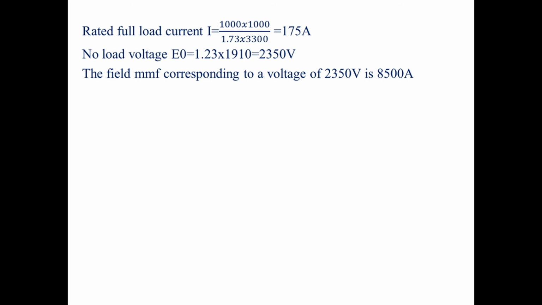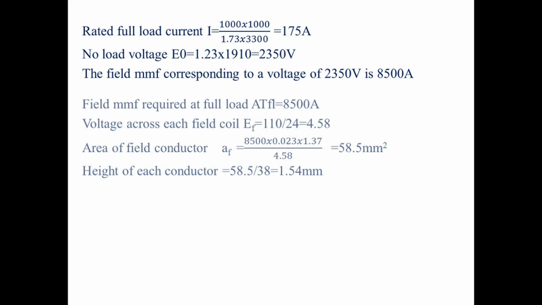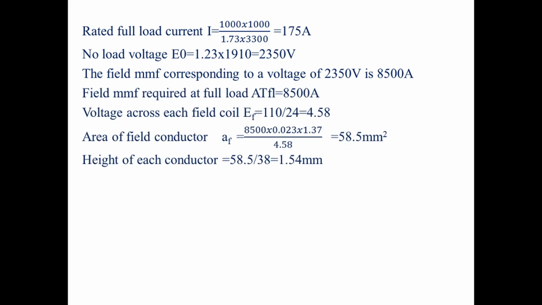So for that particular table, the field MMF is 8500. So for 2350, you can assume the field MMF as 8500 amps. So field MMF required at full load is AT FL, which is equal to 8500 amps.